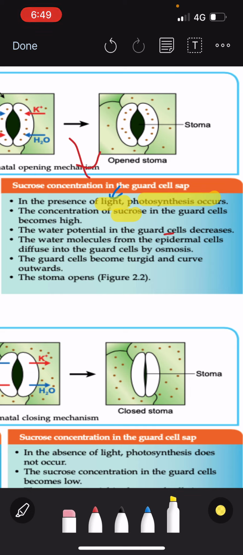Kalau simpan dalam bentuk glucose, takut use up without control. So to be stored, it must be changed into sucrose. Now dah tukar bentuk sucrose, dia tak reaktif, non-reactive form. So dia boleh simpan, boleh travel, nak hantar dekat stem boleh, dekat root boleh.